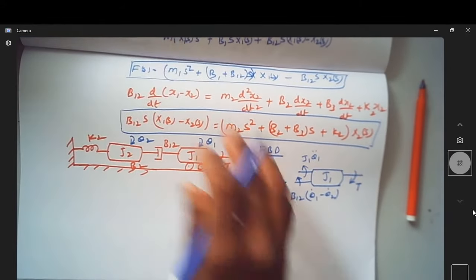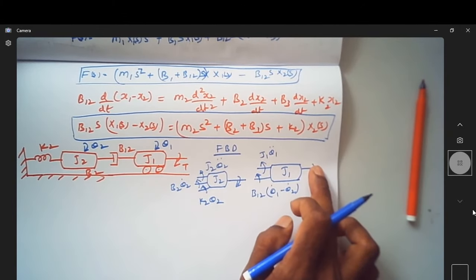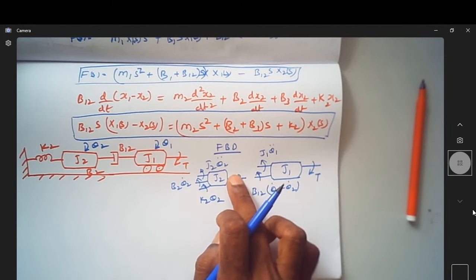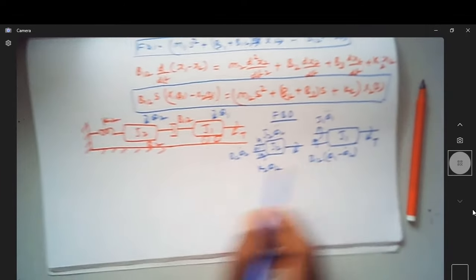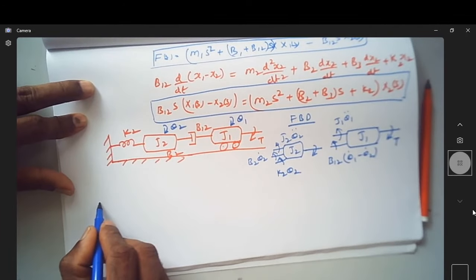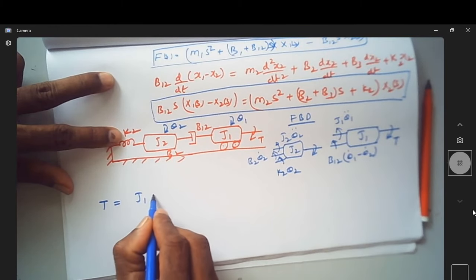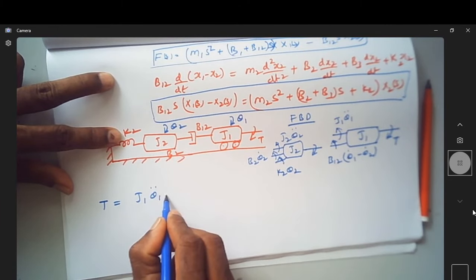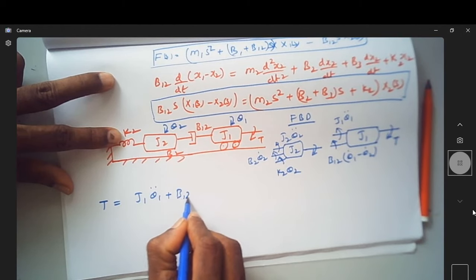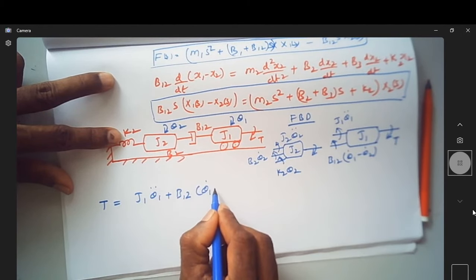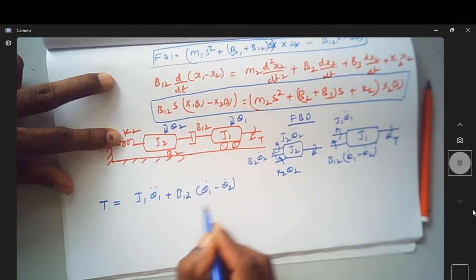Now, as we wrote for the earlier case, we need to equate the acting torque and the opposing torque. The acting torque is T here. The opposing torques are J1 theta 1 double dot plus B12 into theta 1 dot minus theta 2 dot.